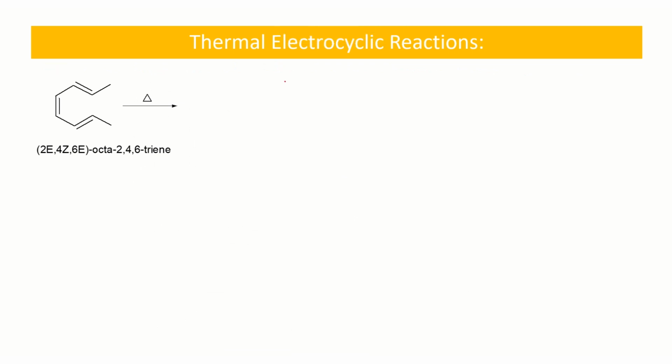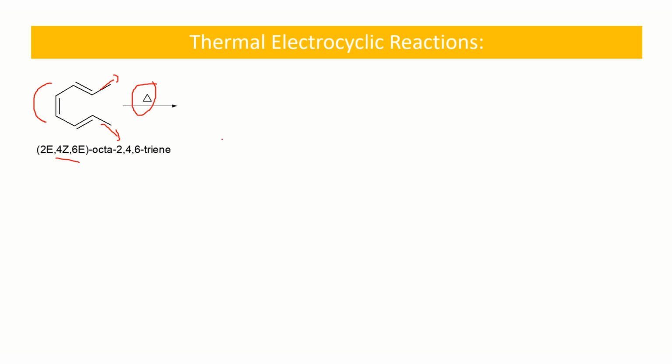Let's look at our first example. You can see here I have an EZE. If you note, both of these guys are pointing out, so I call them outies. This of course is standard Z. So it's a thermal event.